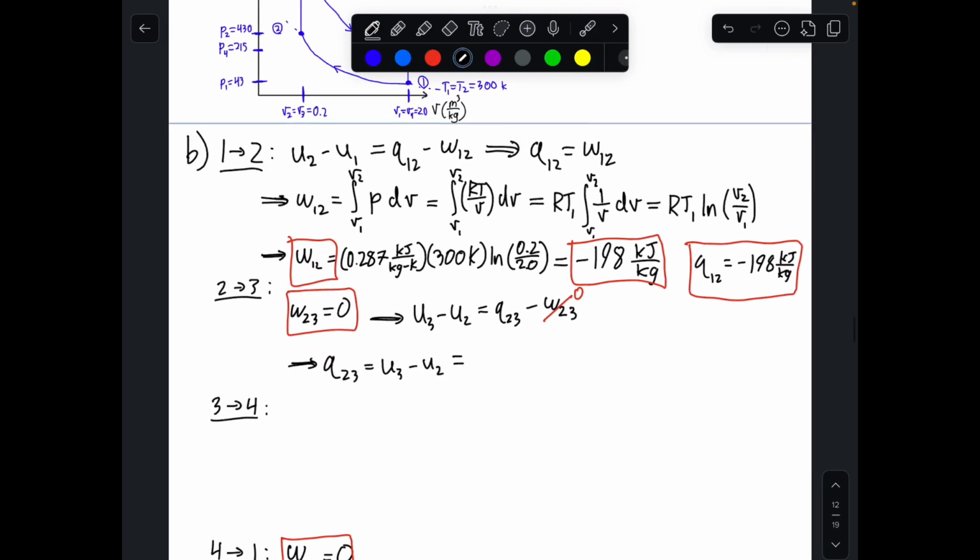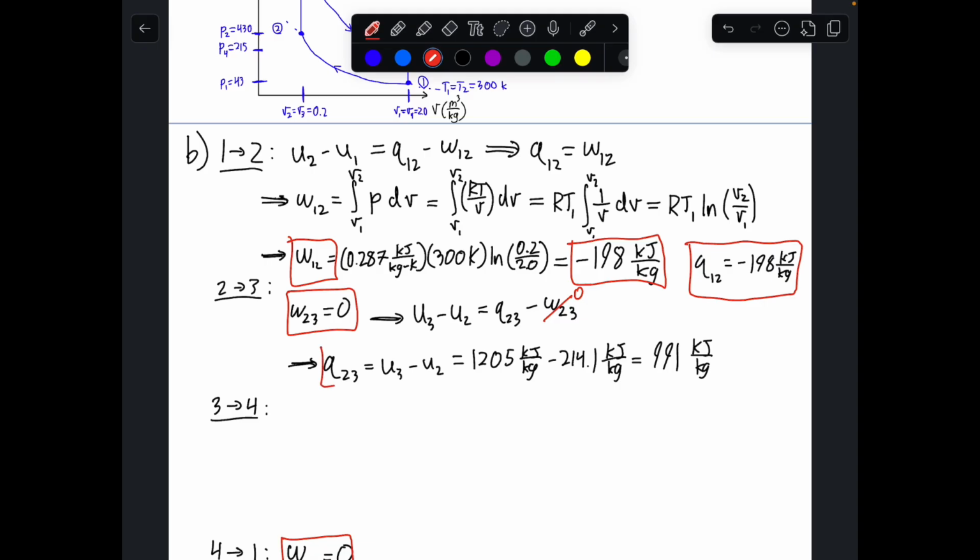So we have 1205 kilojoules per kilogram minus 214.1 kilojoules per kilogram. And so this should get you a value of a positive 991 kilojoules per kilogram.